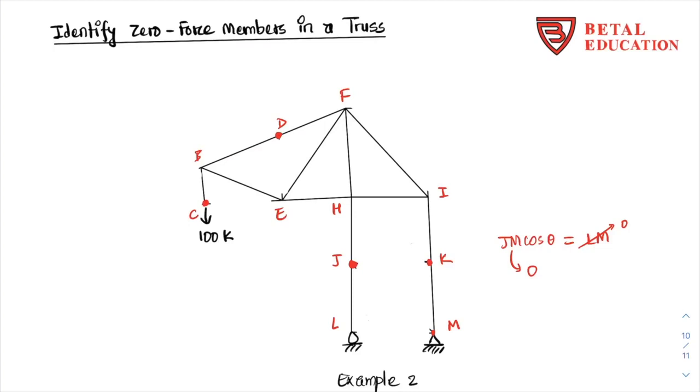Once you understand all 5 rules, you should be able to apply these within a few minutes, and you don't have to worry about all other members because they are all 0. This is when you should start solving your truss, because you have fewer members to solve when you know which members carry 0 force.